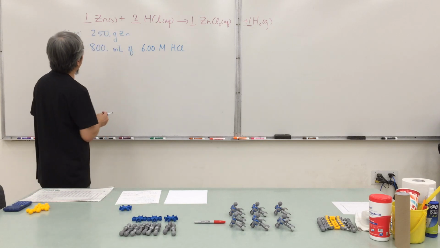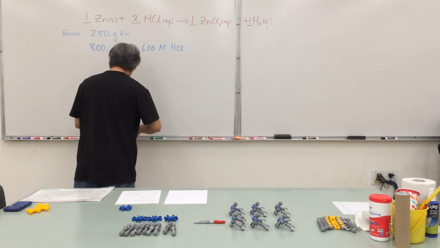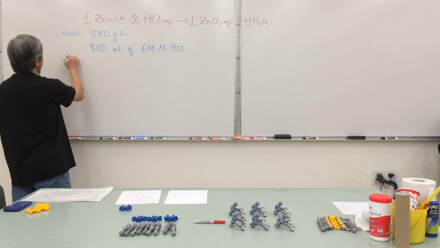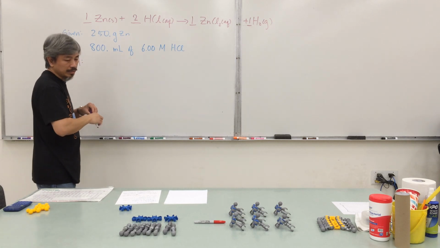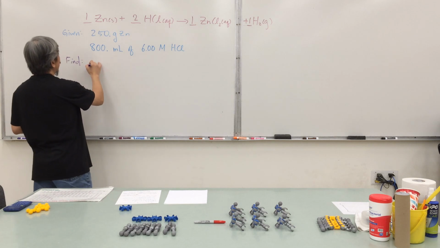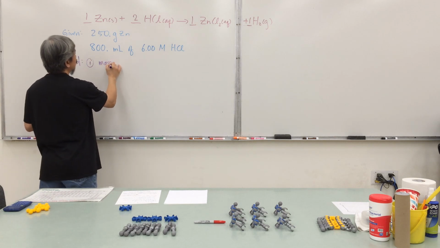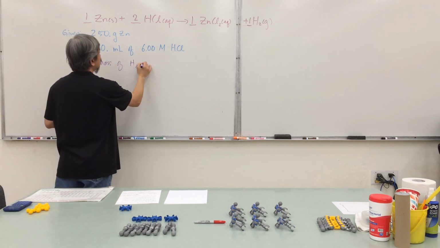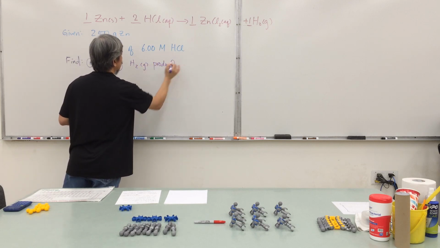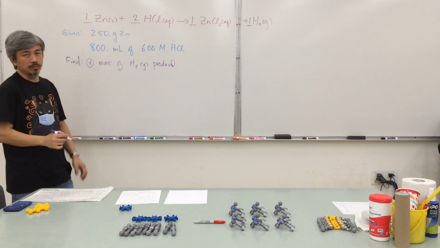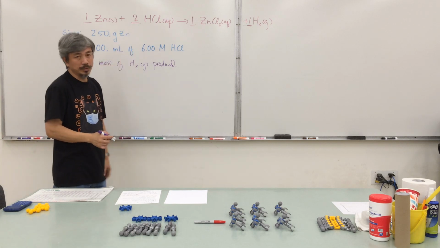And so let's say that we want to now find the following. So given this, let's go ahead and find 2 things. The first thing I'm going to find is, let's say, 1, the mass of H2 gas produced. Okay, so how much hydrogen gas were we able to make from this particular process?